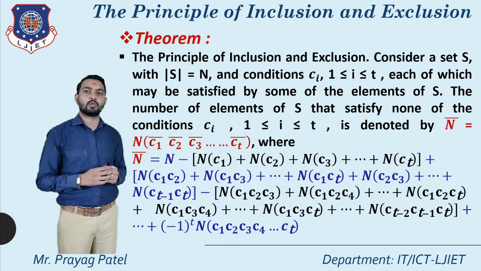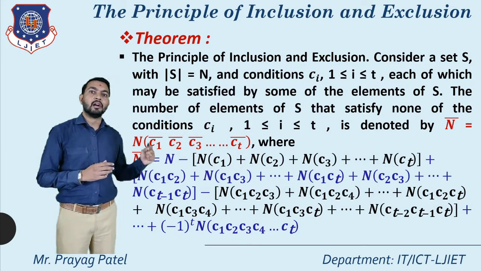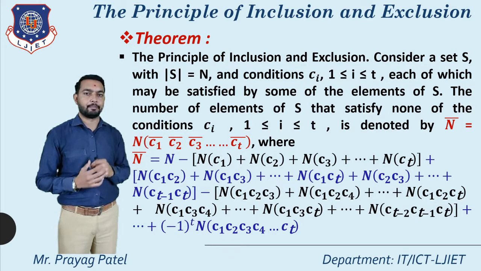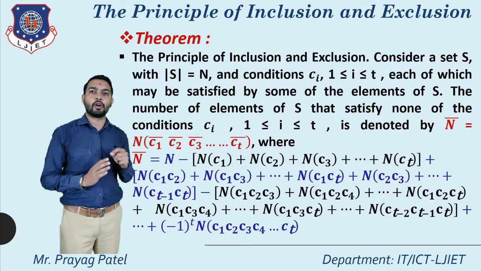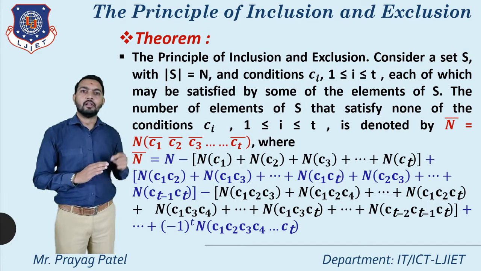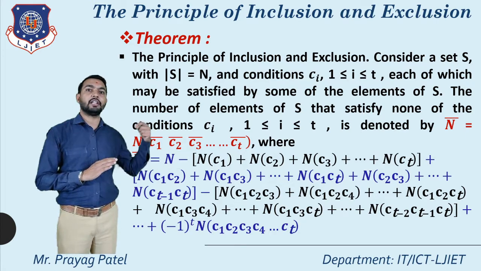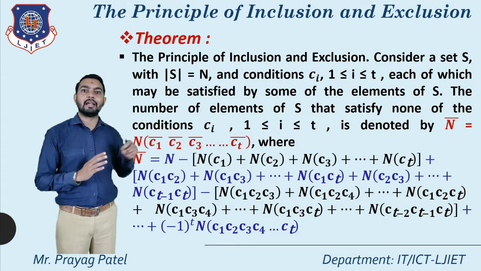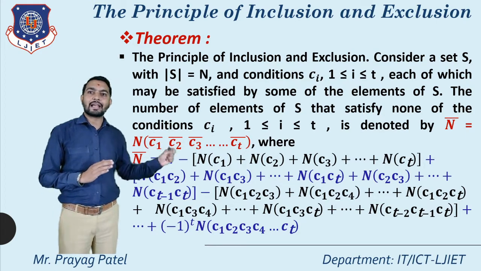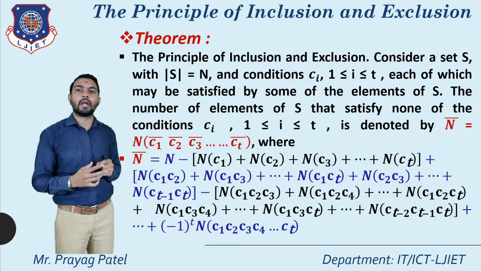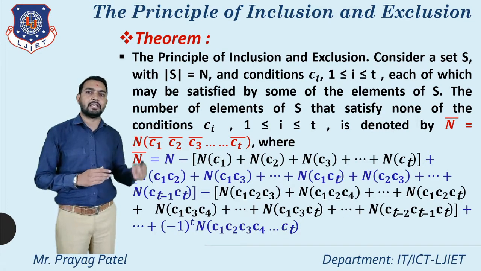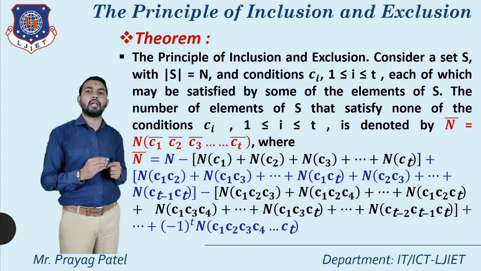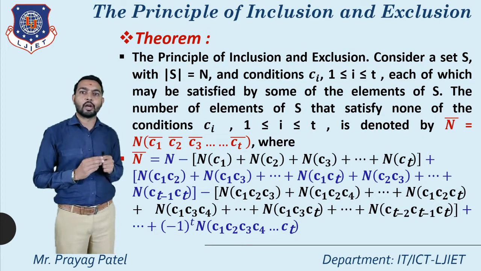So N(C1C2) plus N(C1C3) up to N(C1Ct). After that the next elements are 2 3, 2 4, 2 5 up to 2t, then 3 4, 3 5 up to 3t, like this. The last element in pairs of two is N(Ct-1 Ct), because here we include the element as 1 2, not as 2 2.